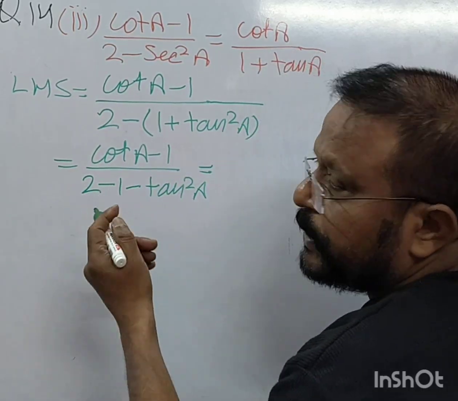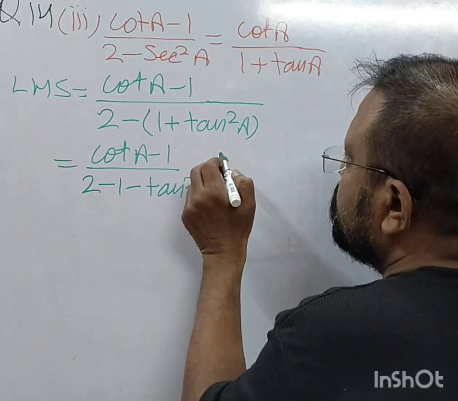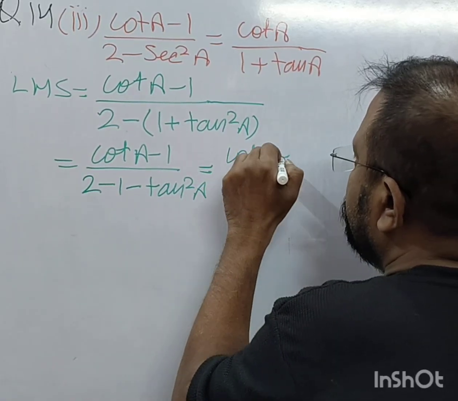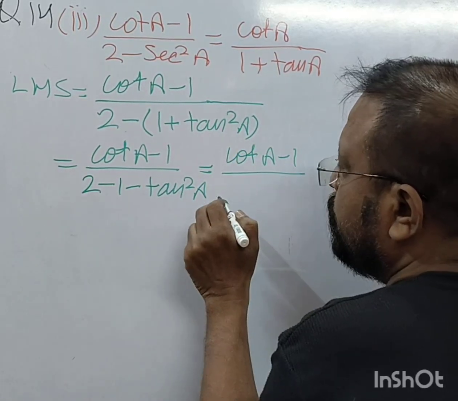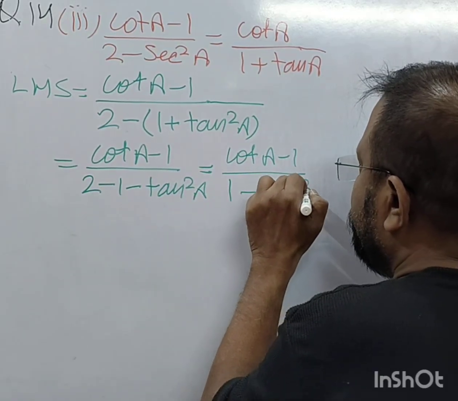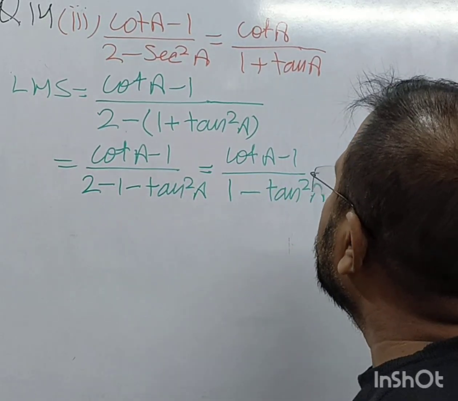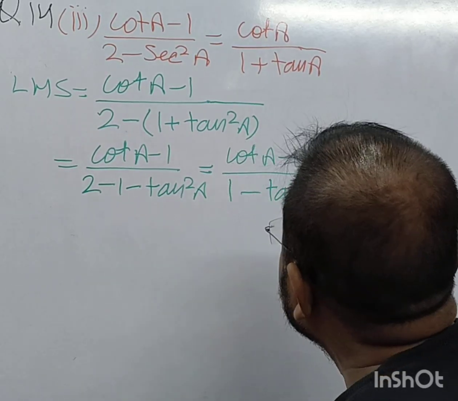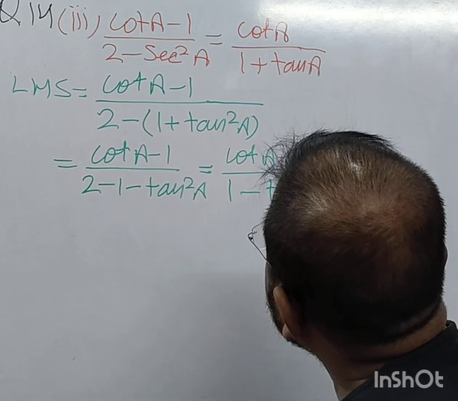So 2 minus 1 is 1, so cot A minus 1 upon 1 minus tan square A. Fine. 1 minus tan square A.